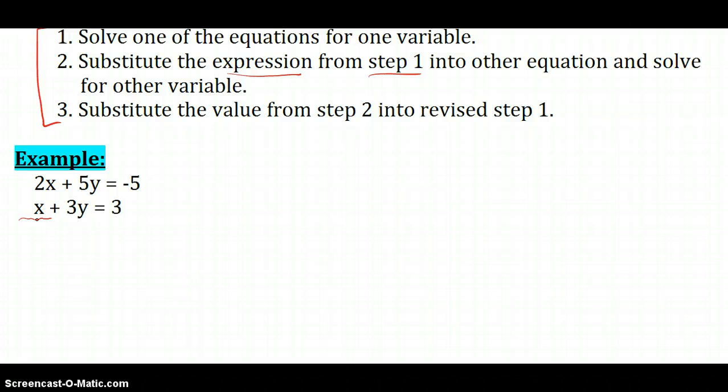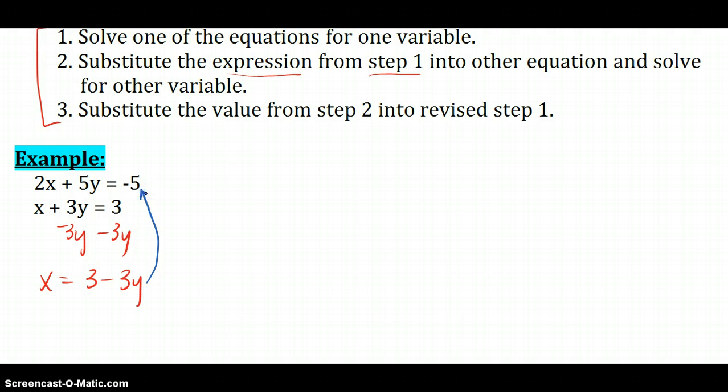There's a 1 there. That's going to be the easiest one to solve for. So I'm going to choose the second equation and I'm going to solve for x. So in order to do that, all I do is subtract 3y to the other side, and x equals 3 minus 3y.